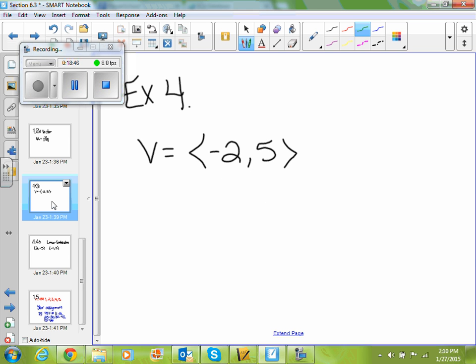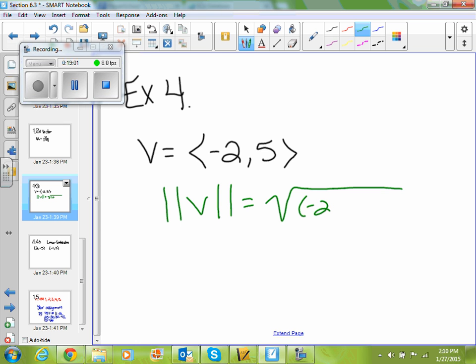Okay, so if we're given a vector -2, 5, and we want to turn that into a unit vector, we have to first start by finding the magnitude of that vector. To find your magnitude, you take your first term, which is -2, and you square it. And you take your second term, which is 5, and you square it.